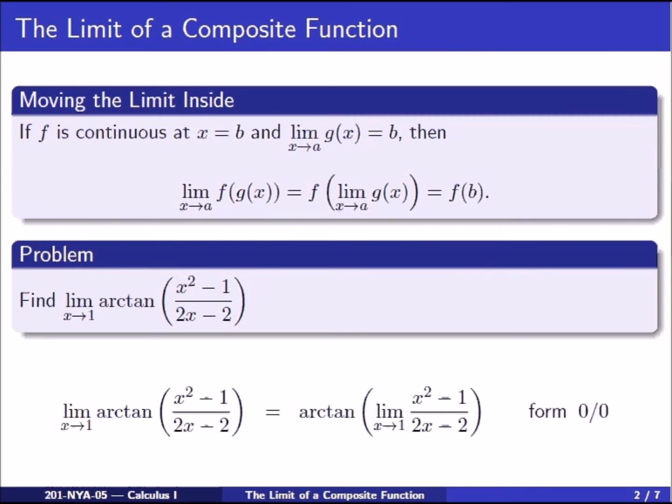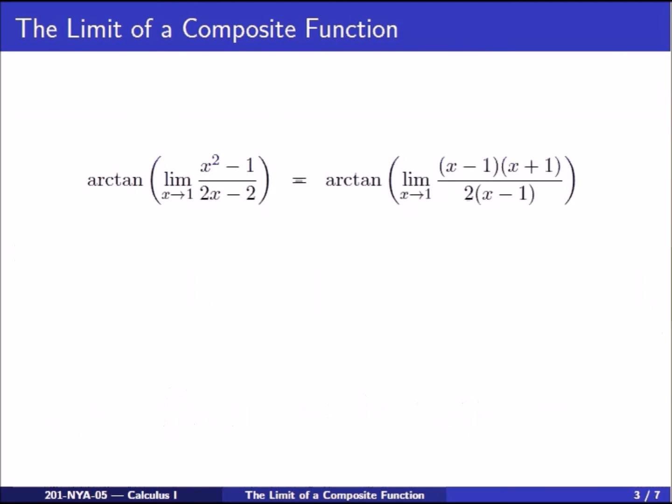So as I said, it's a limit of the form 0 over 0, and I factor the numerator and the denominator, and the numerator is actually a difference of squares, so it factors as x minus 1 times x plus 1, and in the denominator I can factor a common factor of 2, and I get 2 times x minus 1, and as expected, I have a common factor of x minus 1 at the top and at the bottom, and I can cancel those two, and overall I get that the limit is the limit as x approaches 1 of x plus 1 over 2, and now there is no problem in replacing x by 1.